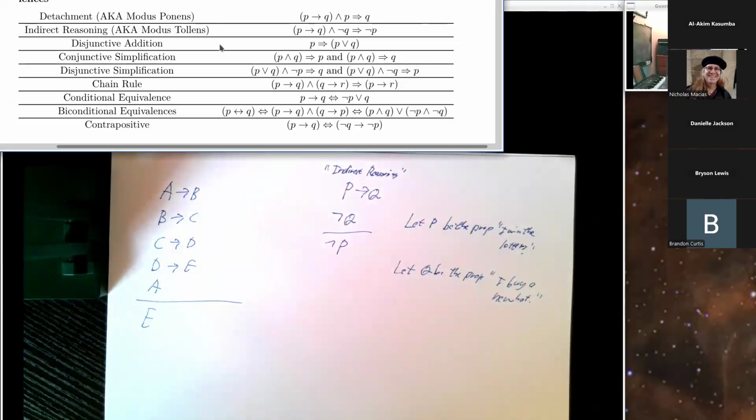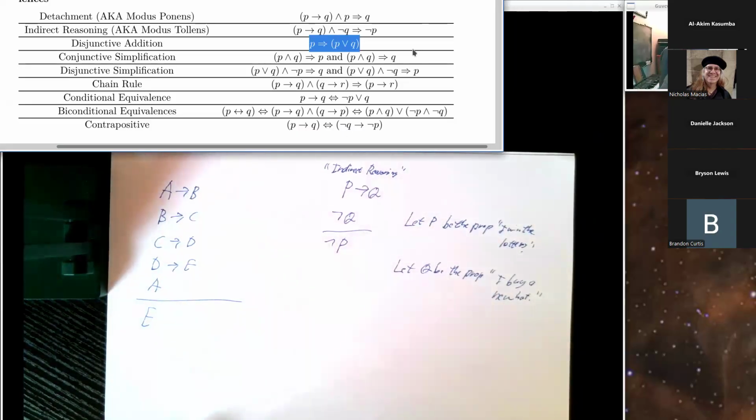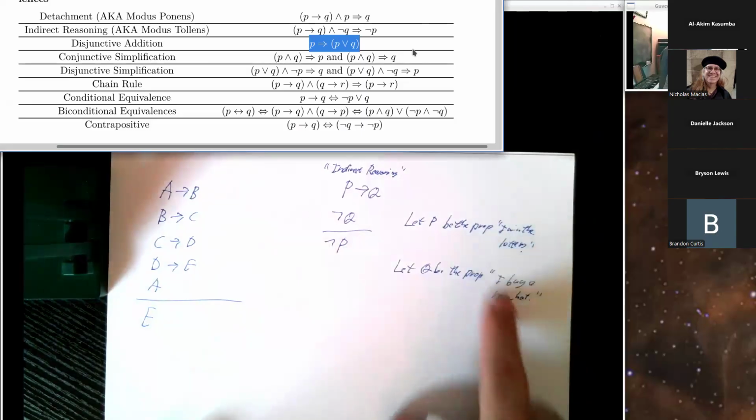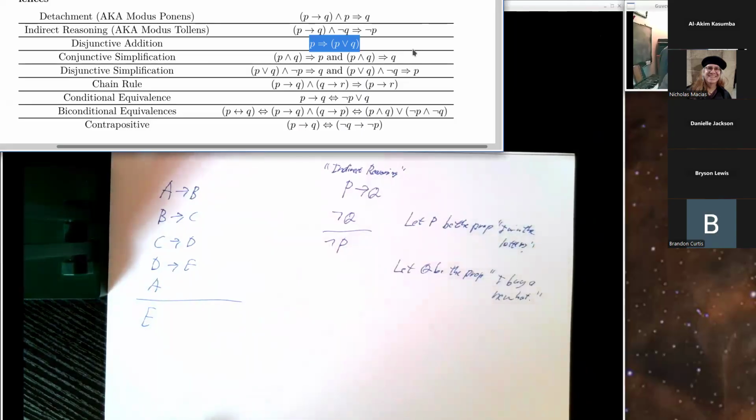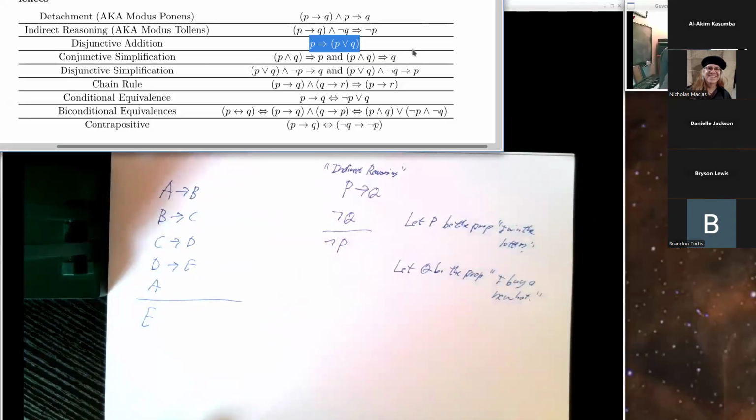All right, disjunctive addition. This is a way we can make a more complex statement out of a simpler one, which is useful sometimes. So again, P says I win the lottery. P or Q says I win the lottery or I buy a new hat. Well, if I win the lottery, then it's absolutely true that I win the lottery or I buy a new hat.